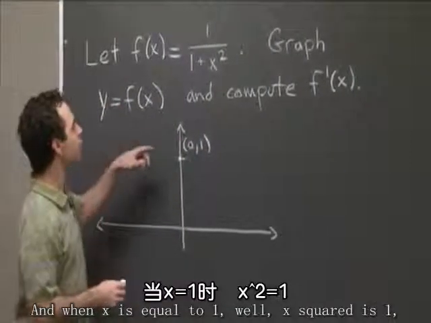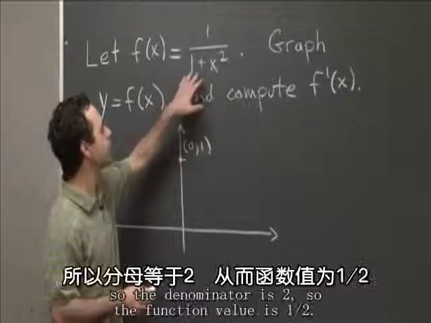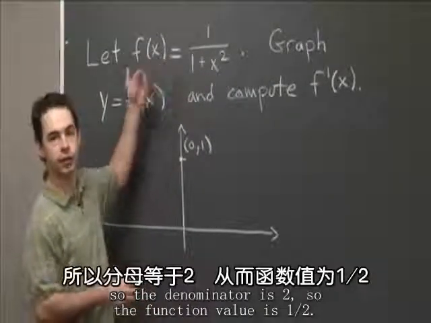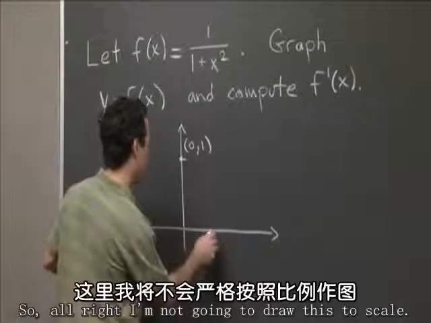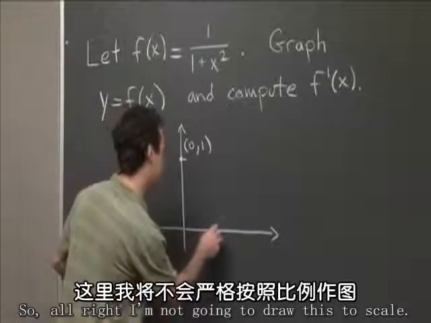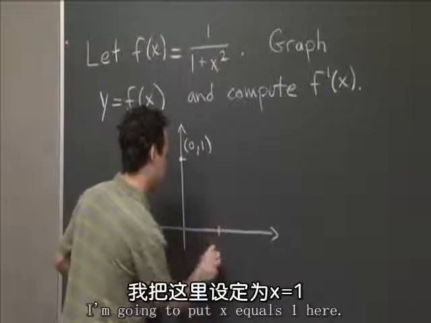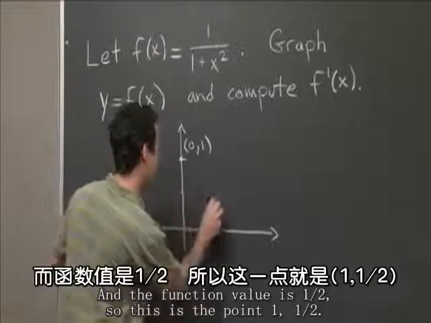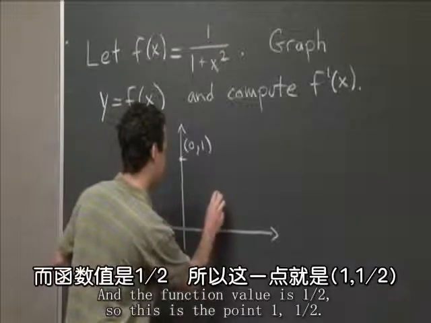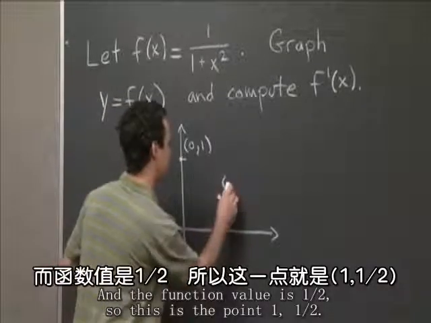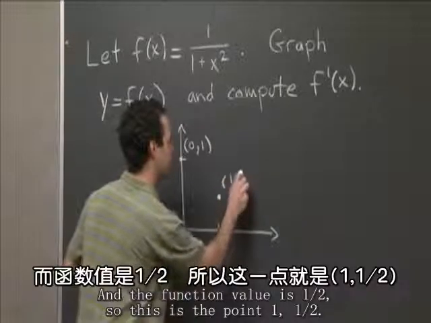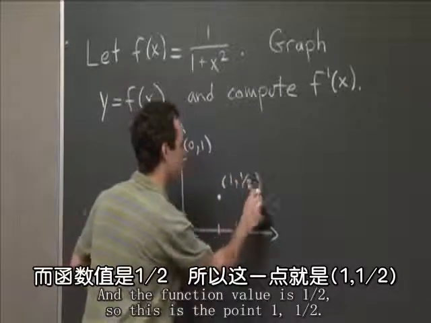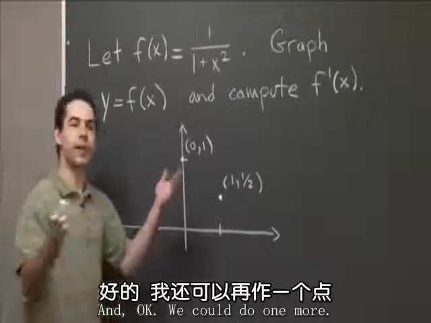And when x is equal to 1, well, x squared is 1, so the denominator is 2, so the function value is 1/2. I'm not going to draw this to scale. I'm going to put x equals 1 here, and the function value is 1/2. So this is the point 1, 1/2.